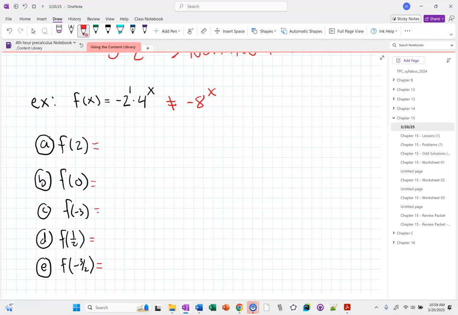So if this says f of 2, all it means is that I just need to plug 2 in for x, right? And my order of operations says I should do exponents first, so that 4 squared is 16. And then -2 times 16 is just -32, right?